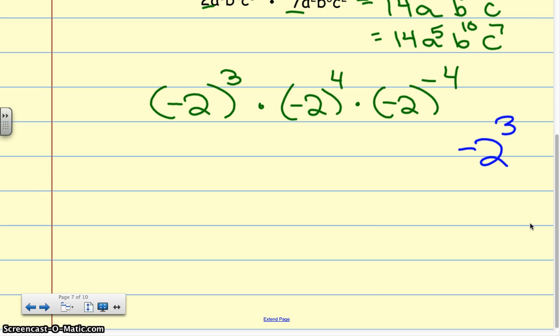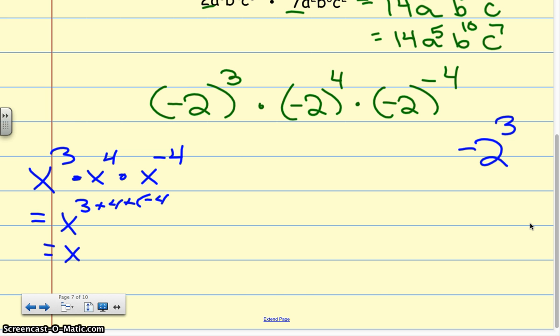What we would do, now imagine, this is me scaffolding again, taking what you know and connecting it to something new. If I had this, you would turn that into x to the 3 plus 4 plus a negative 4, which is x to the third power. Now instead of an x though, I have a negative 2.